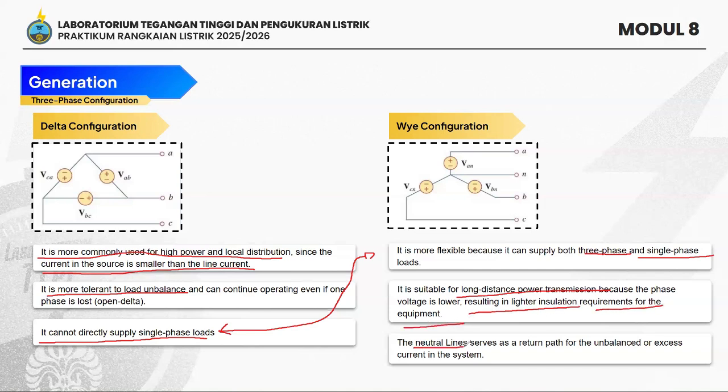The neutral line serves as a return path for the unbalanced or excess current in the system. Because of that, the Y connection is safer and more flexible. And the Y connection is commonly used on transmission because the voltage is lower, resulting in lighter insulation and being efficient on the economic side.